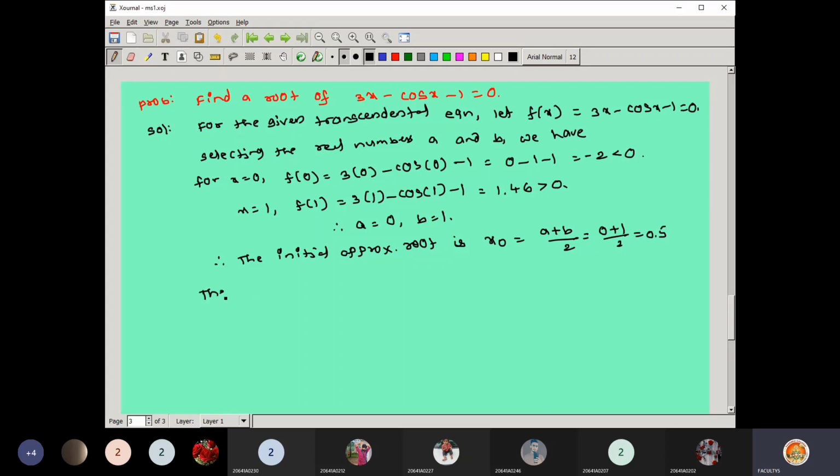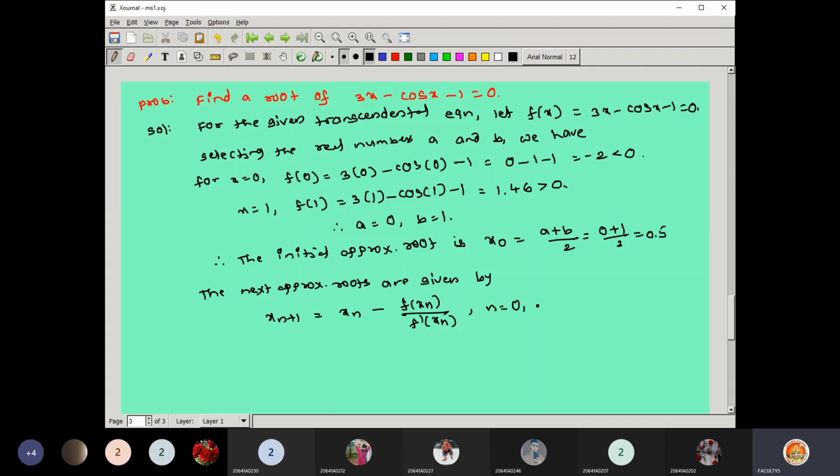Next you are calculating the next approximate roots. They are given by the formula x n plus 1 equal to x n minus f of x n divided by f dash of x n.